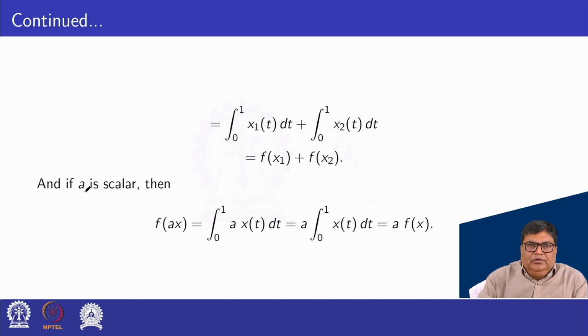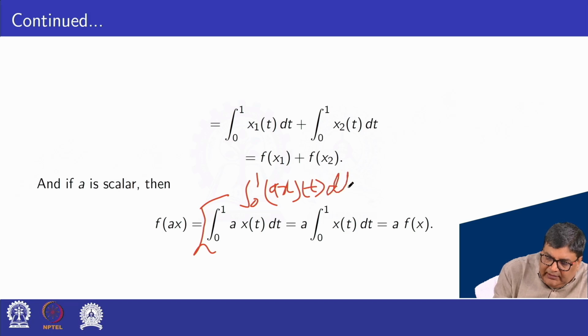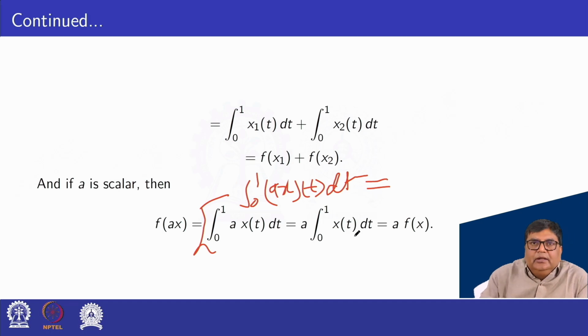And also, if a is a scalar, then f of ax is equal to the integral from 0 to 1 of (ax)(t) dt, equal to the integral from 0 to 1 of a times x(t) dt.